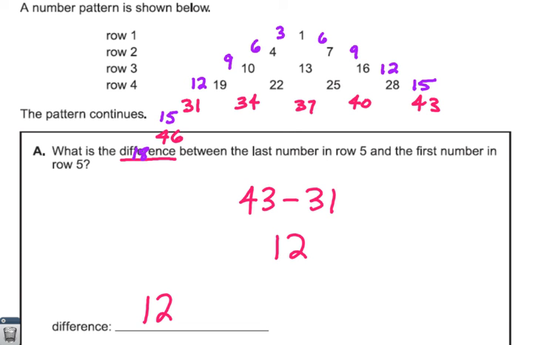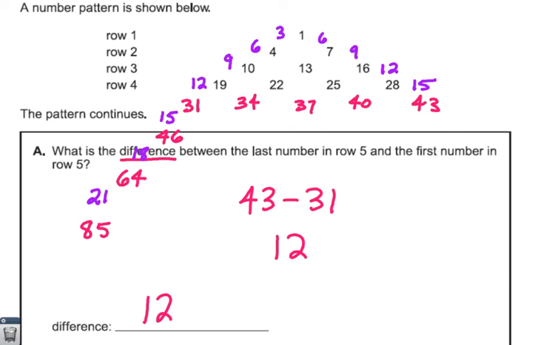I do declare. 46 plus 18 is going to get us 64, correct? So row 5, row 6, row 7, and then keeping the pattern going, now we're going to make a jump of 21. And that's going to get us 85. Yay.